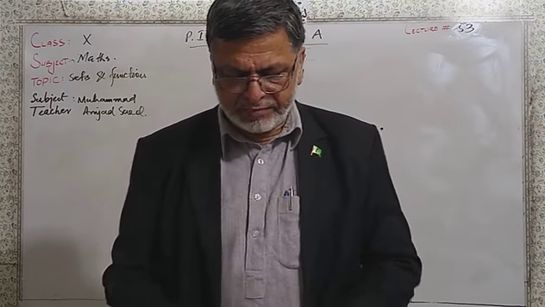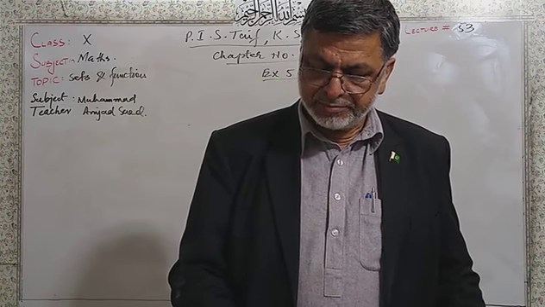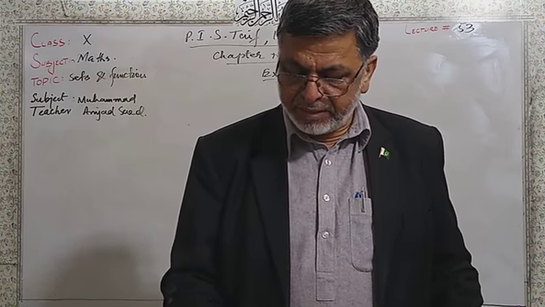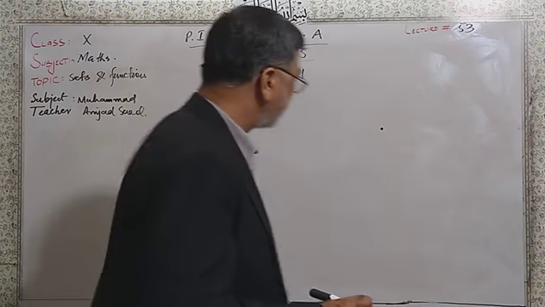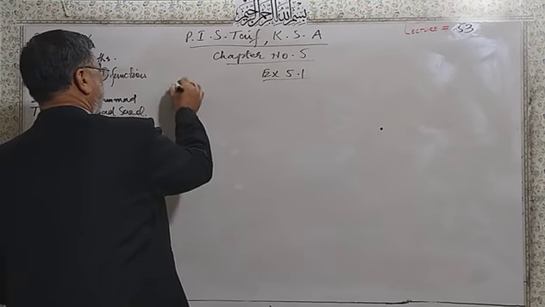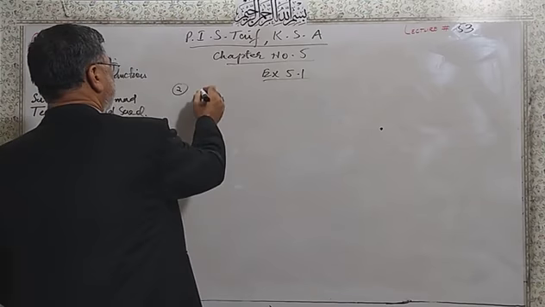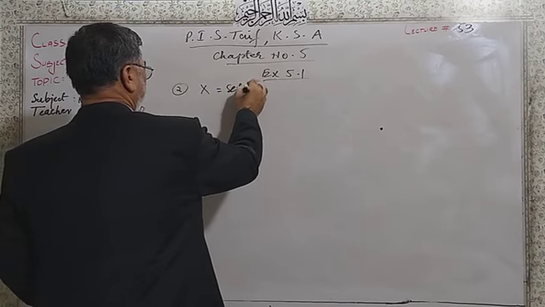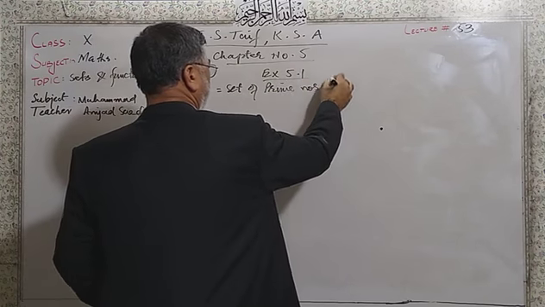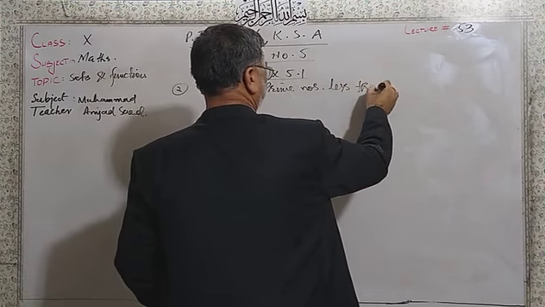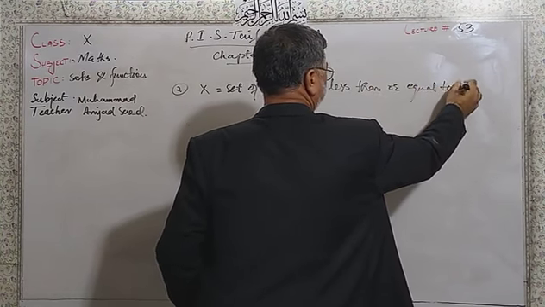Dear students, we are given question number 2. Set X is the set of prime numbers less than or equal to 17.